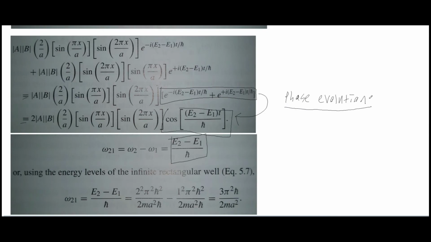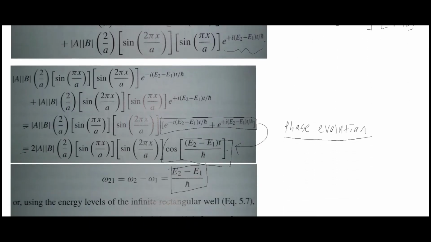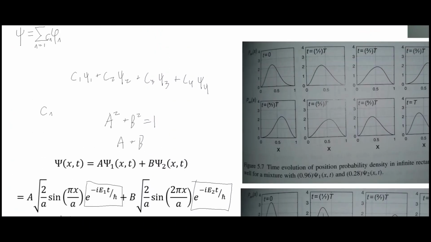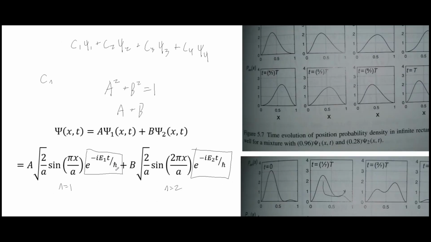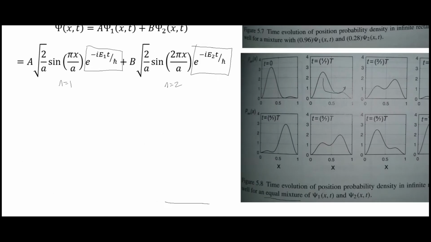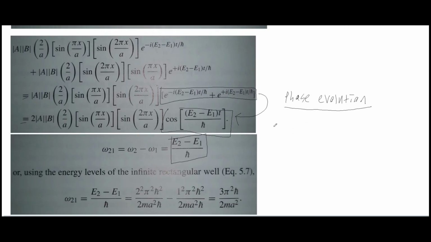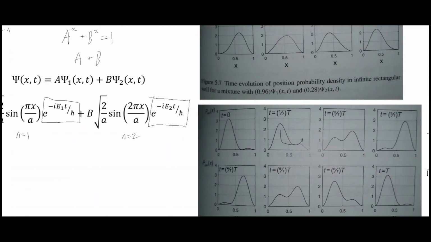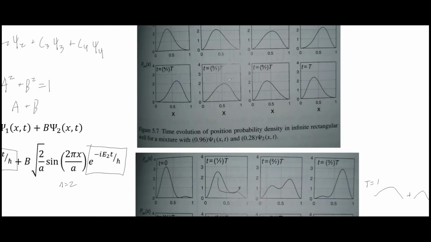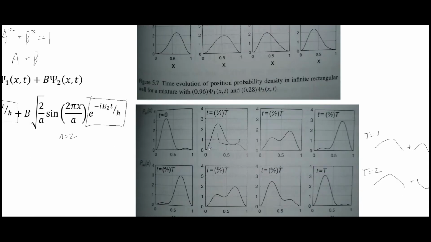So when we use the time-dependent Schrodinger equation, which we have to do when we are using linear combinations of these states, we have this change in phase, this phase evolution, that causes the change in shape of our probability distribution, which we can see in these figures right here, which come out of the book The Student's Guide to the Schrodinger Equation.